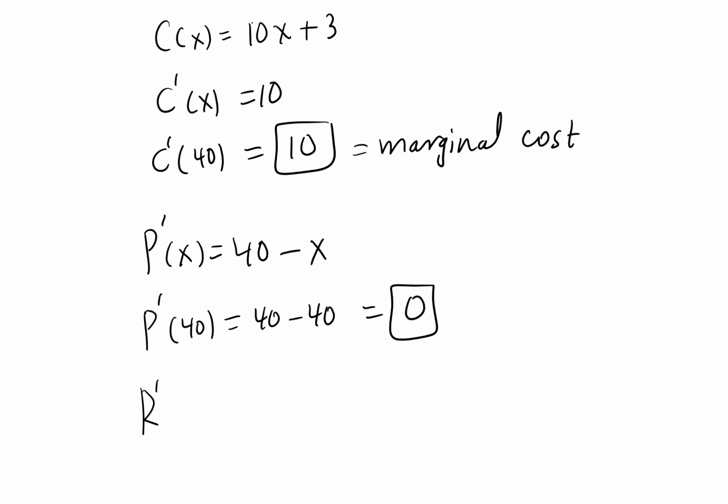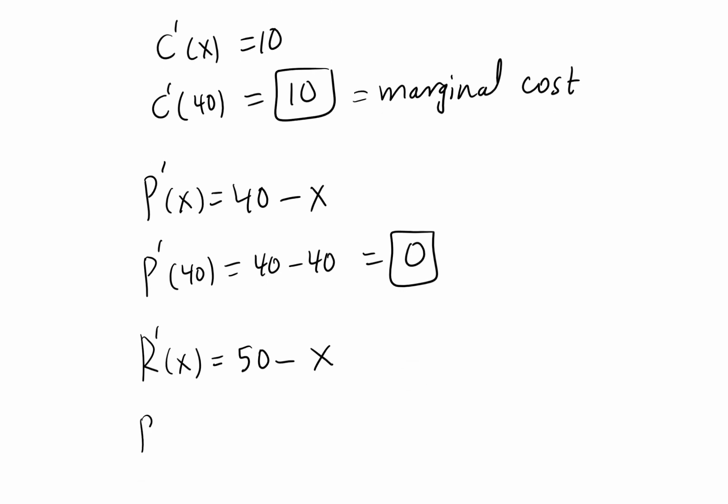Same thing for R prime of x, which is 50 minus x, the marginal revenue, and we need to evaluate this at x equals 40. So R prime at 40, 50 minus 40, which is 10.